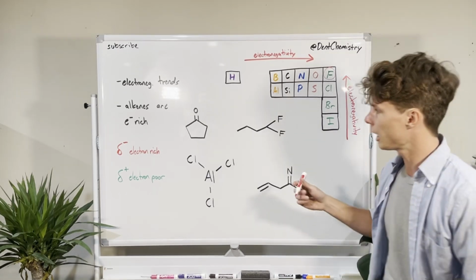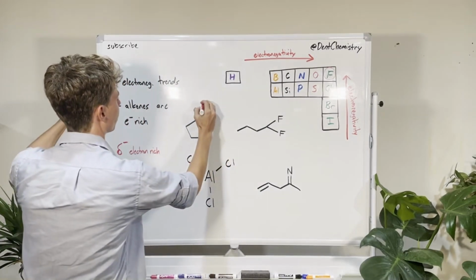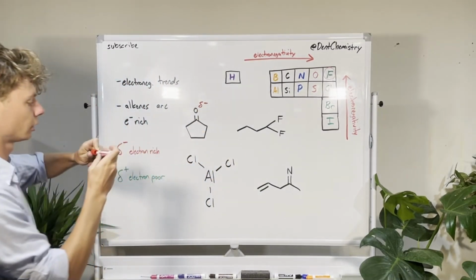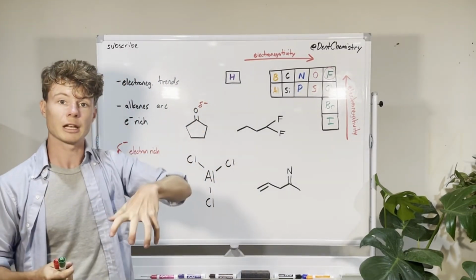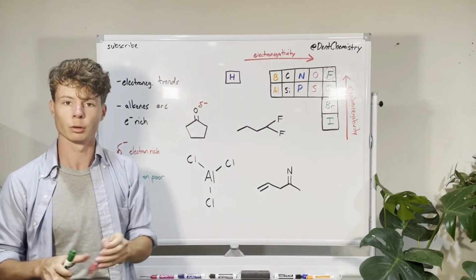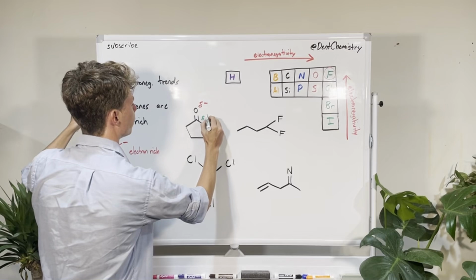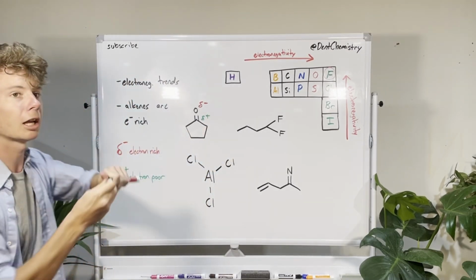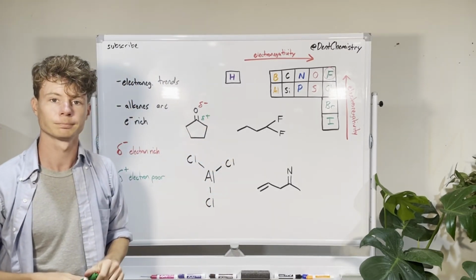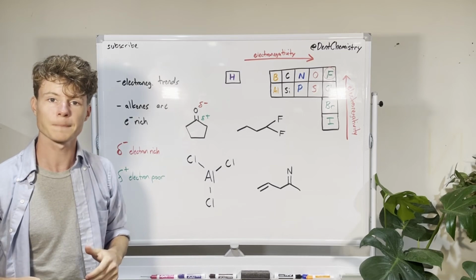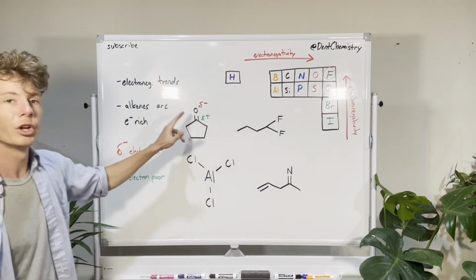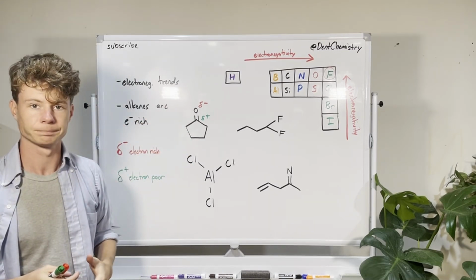To show that, I am going to give oxygen a partial negative charge. That's showing that it's pulling electron density towards itself. And the carbon it's pulling electron density from will get a partial positive charge. That's pretty much it, okay? Really important bond, we're going to see it all the time, okay?